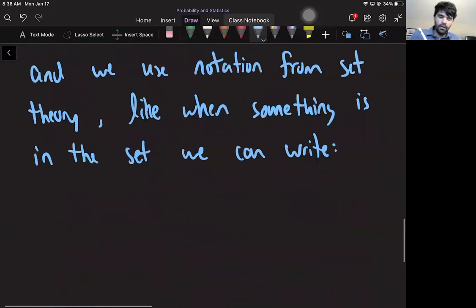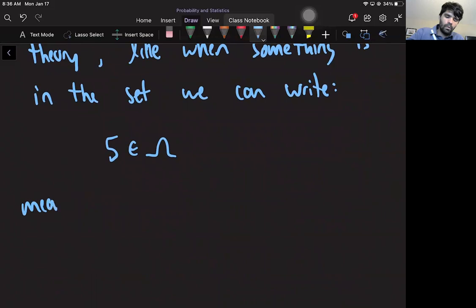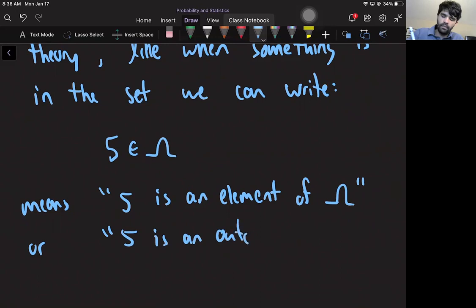I don't know, the number 5. So I can say 5 is in omega by writing this. This means 5 is, and then in set theory, they write the word element to mean something that's in the set. So you would say 5 is an element of omega, or in our language for this class, I guess it would be more like 5 is an outcome of the sample space, which we've named omega.